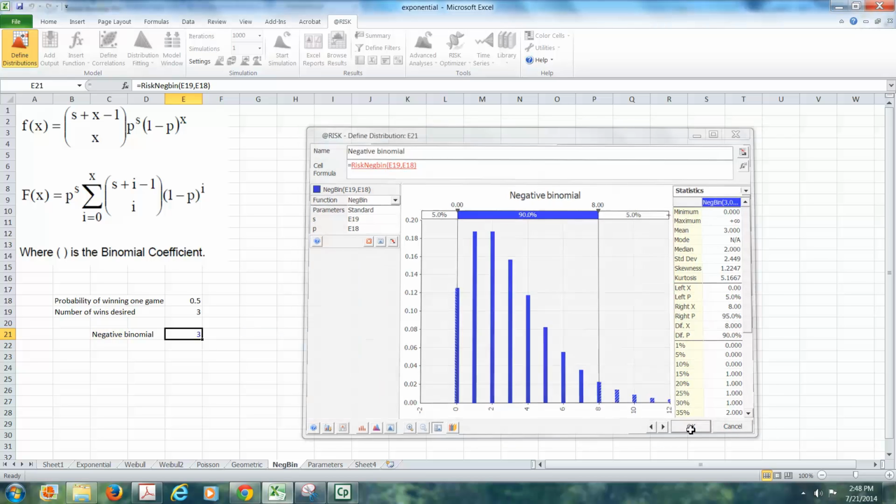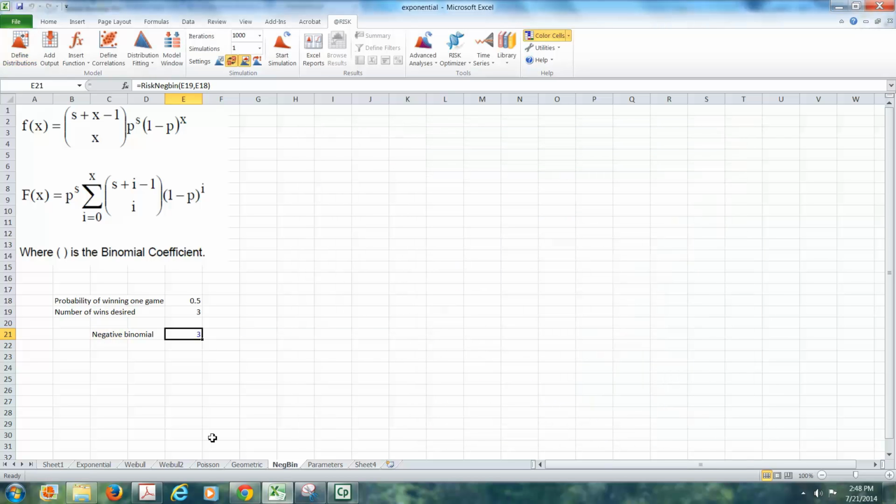And so here, when I hit the recalculate button, this would be one experiment. It took 3 losses before we got 3 wins. If I hit F9 this time, it took 4 losses before we got the 3 wins. I hit F9 this time, it took 1 loss before we got to 3. And so it would go.